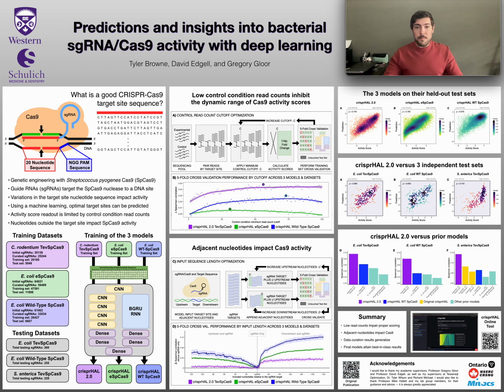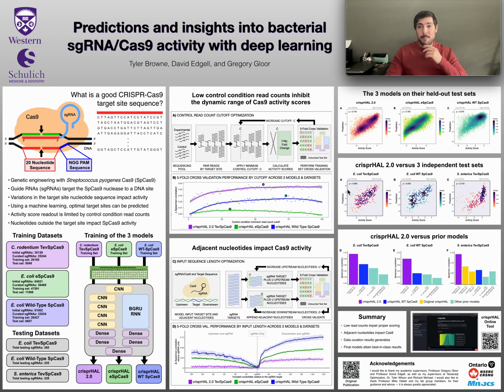Based upon this, we now have our curated scores and our extended input nucleotide sequences. So I then train up a final model for CRISPR-Hal 2.0, which is TEV SpCas9, as well as the ESpCas9 and wild-type SpCas9. I show the performance here on their held out 20% test sets, which is pretty strong, all around the 0.7 plus Spearman correlation. Now that's great, but something that's probably more important is how well the data generalizes to a completely different data set measured in a different way.